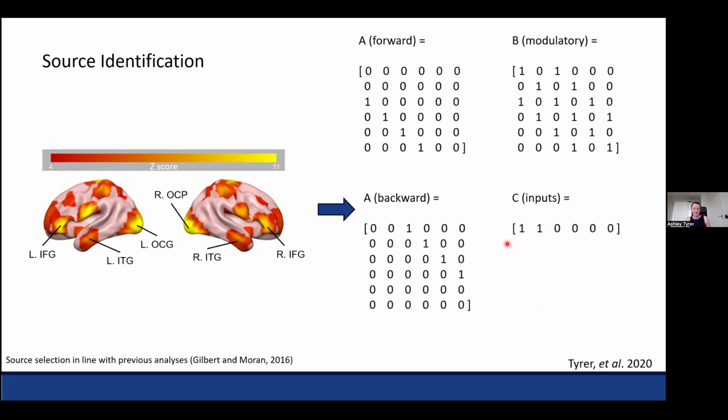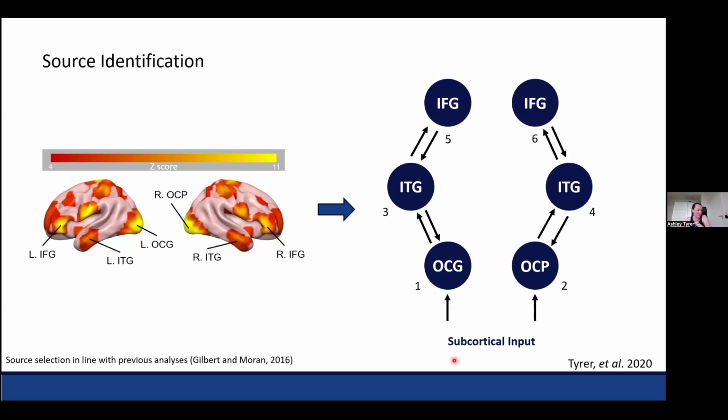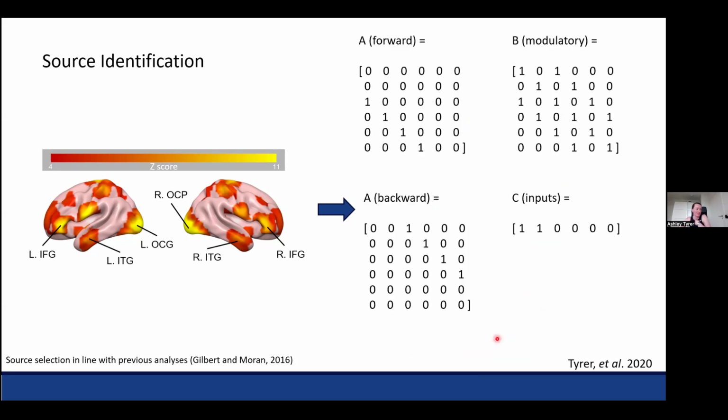And then finally we have the C vector. So the C vector defines the sources that are receiving any sort of subcortical input. So if we go back to our graph, we said that we want subcortical input into the left and right occipital regions, which is basically visual cortex, which in the context of our task makes sense. We want to model the visual input that is coming in as a result of the visual presentation of the stimuli.